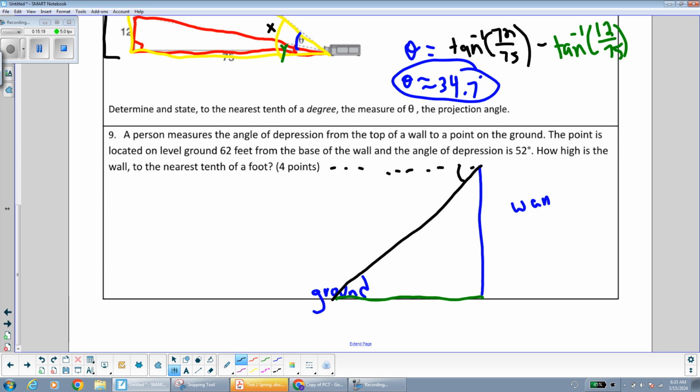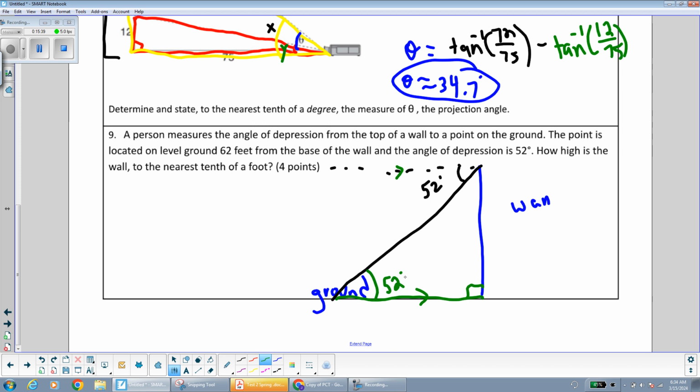And that's a 52-degree angle. Remember that the angle of depression and the angle of elevation are alternate interior angles, so they are congruent to each other because the sky and the ground are parallel to each other.